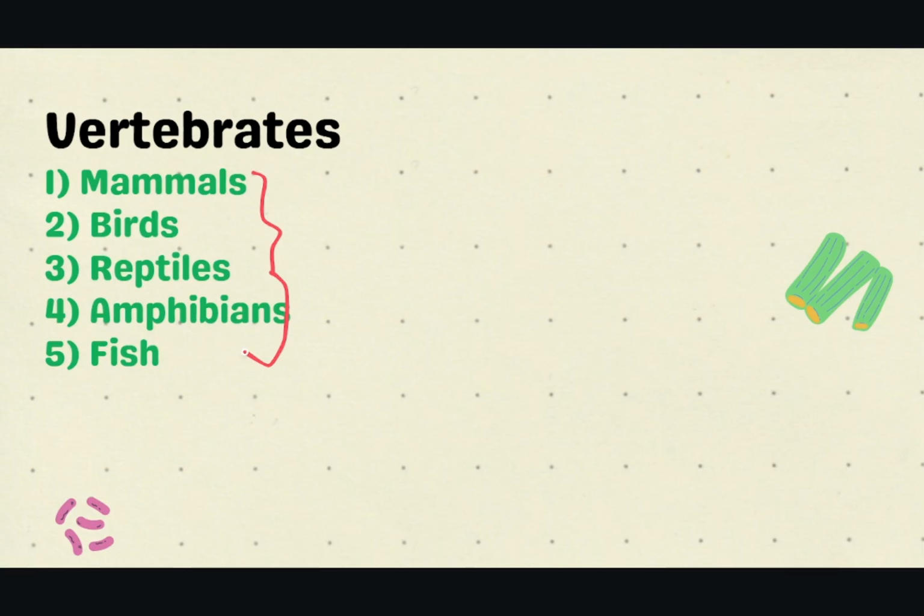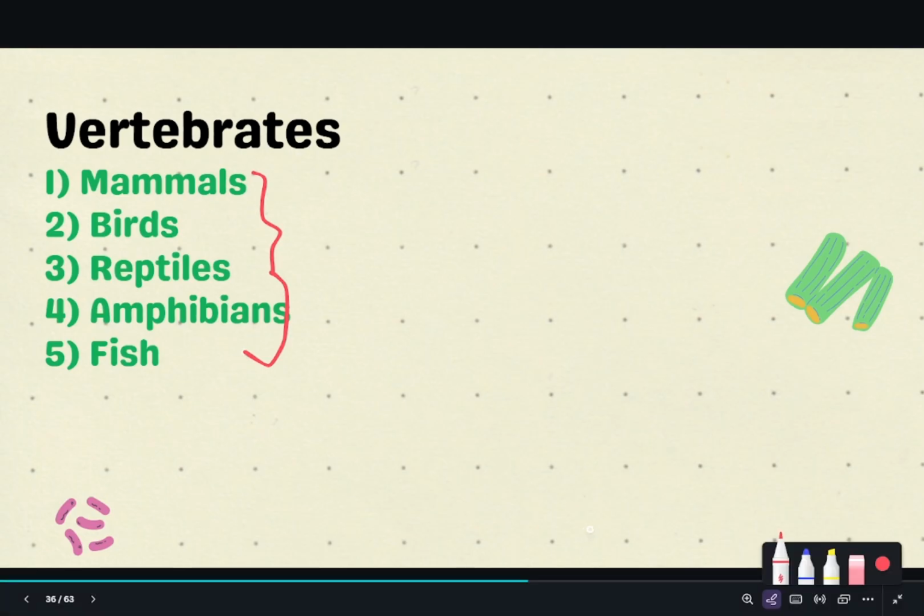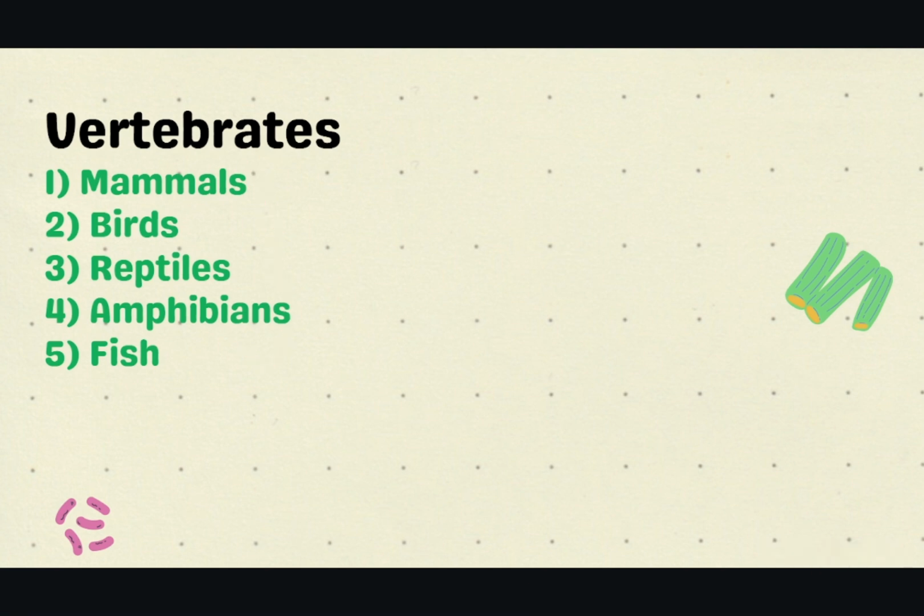Unfortunately, this one is also memory based. You have to remember the key features of each class of vertebrates, because that's important and that's what they usually ask in the exam. You also need to remember what features they all share and what's different to each of them. So let's get started.